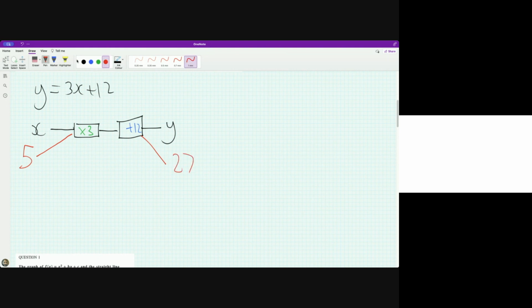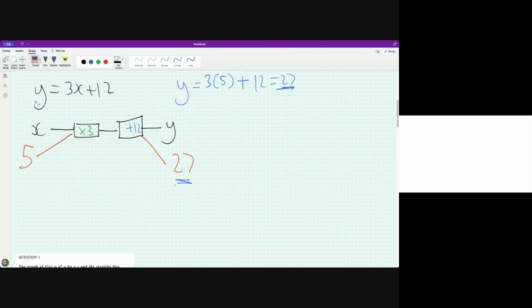If we go through the function way, we'd go 3 times 5, plus 12, which gives you 27. So we get the same output of 27 if we go through the formula or through the flow diagram.